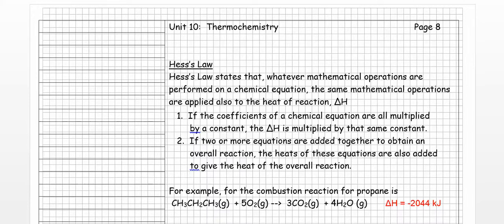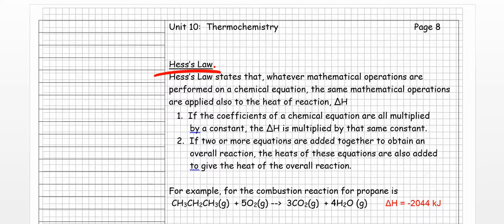So here we go. We want to talk today about something that's called Hess's law. Hess's law states that whatever mathematical operations are performed on a chemical equation or a reaction, the same mathematical operations are also applied to the heat of reaction, or the delta H. So there's really two parts to Hess's law. First is this.